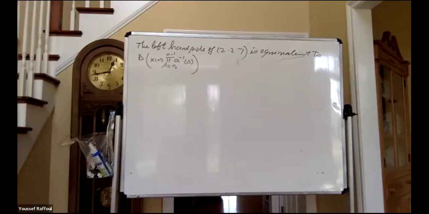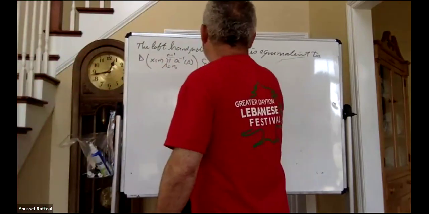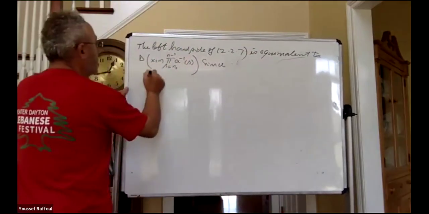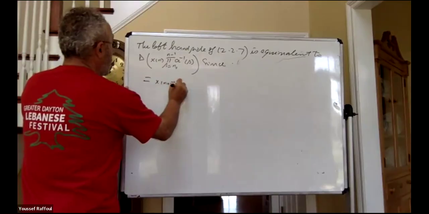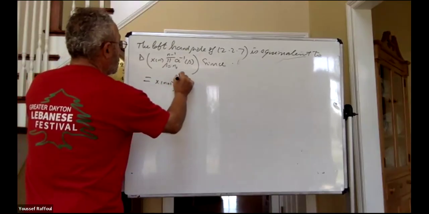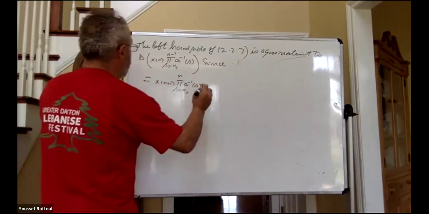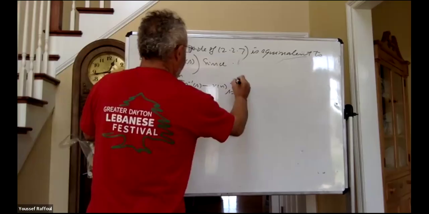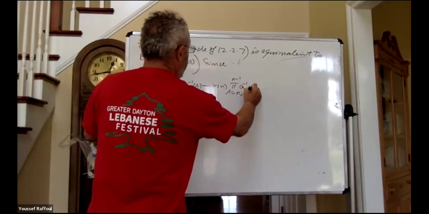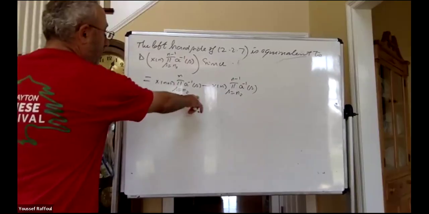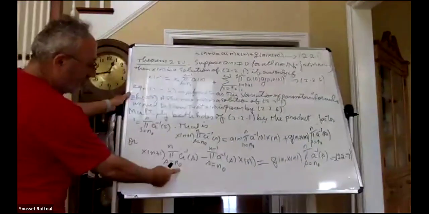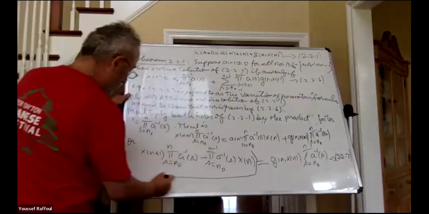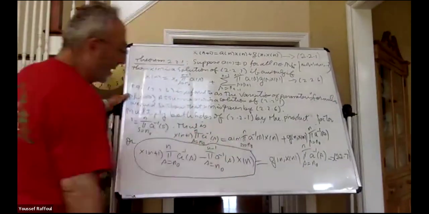You see that? Because this one is equal to x_{n+1} times the product from s equals n0 to n of a inverse of s minus x_n times the product from s equals n0 to n minus 1 of a inverse of s. Take a look at this. Isn't that this one? That is this one, isn't it? You see that?